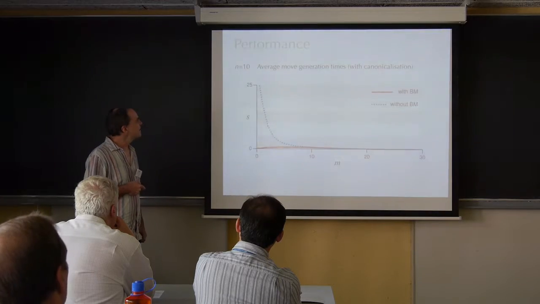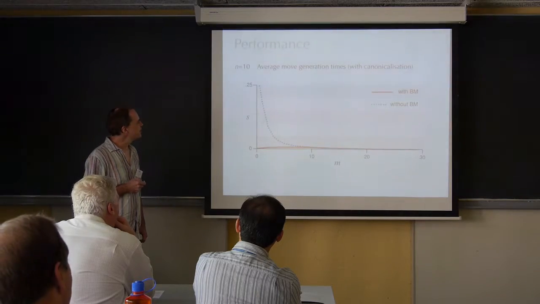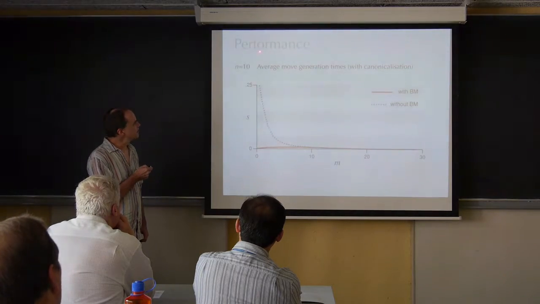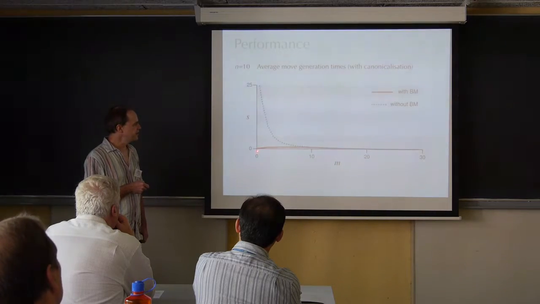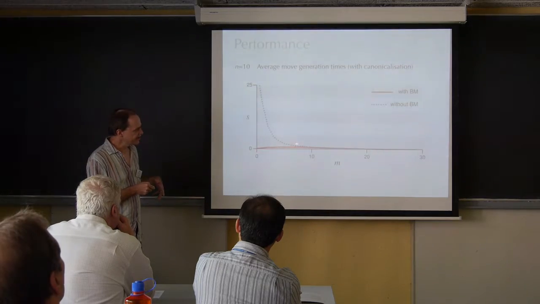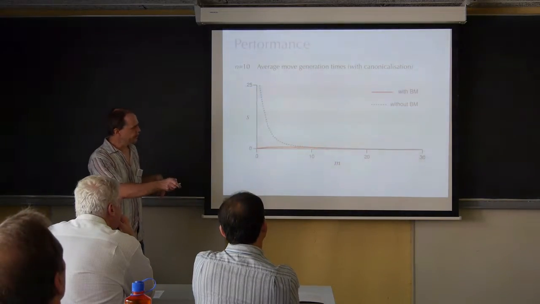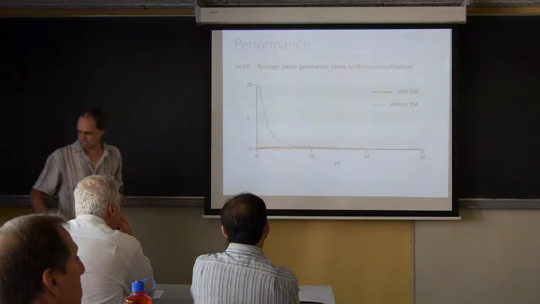So looking at the 10 dot case, without the boundary matching, the move times tend to start quite high and drop sharply, whereas with boundary matching, the move times for the opening moves are negligible. They increase slightly, but as the branching factor drops, then they decrease as well. So that works out quite well.